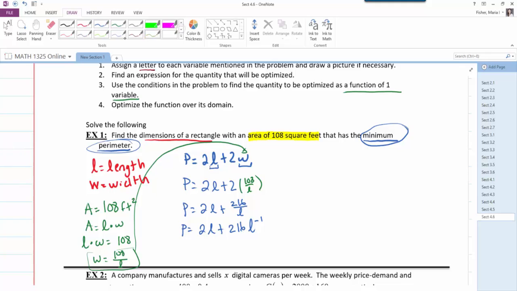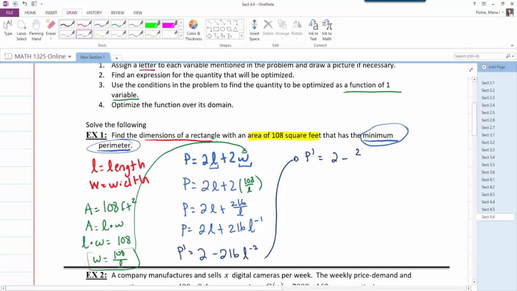Now if I take the derivative, P prime is equal to, well, the derivative of 2L is 2, and here if I multiply I get negative 216 L raised to 1 less, which is the negative second. So P prime is equal to 2 minus 216 over L squared.